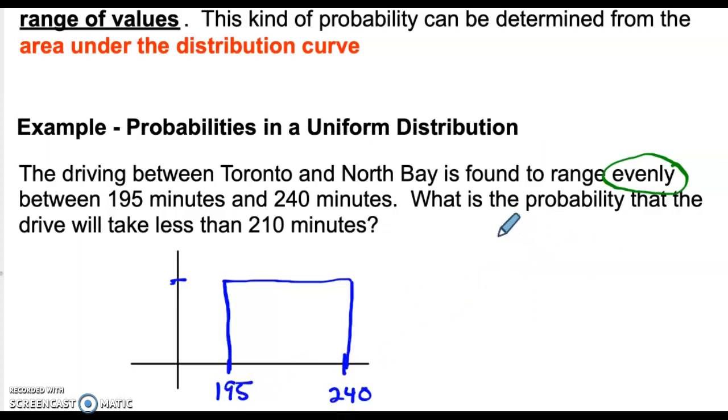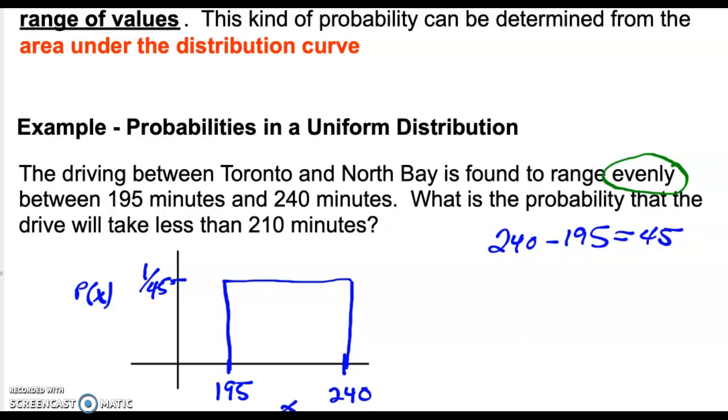If we do that subtraction, 240 minus 195, we get 45. So the probability of arriving in any of these 45 minutes is going to be 1 out of 45. That is a sketch of our probability distribution. There's our p of x, and down here is our x, which in this case is time.